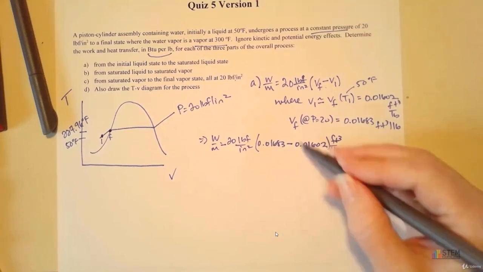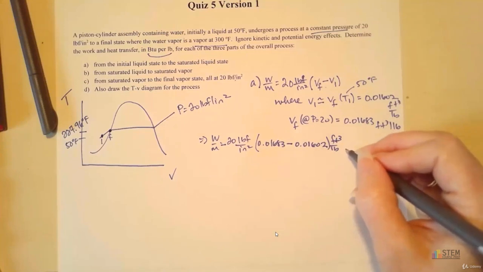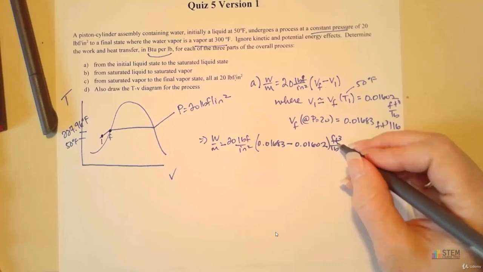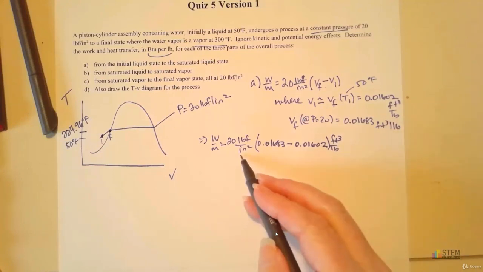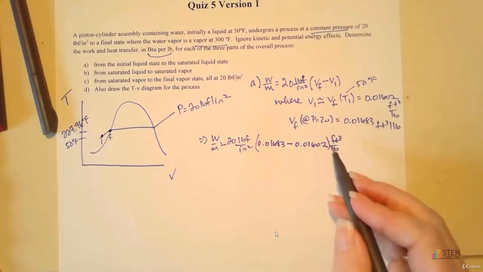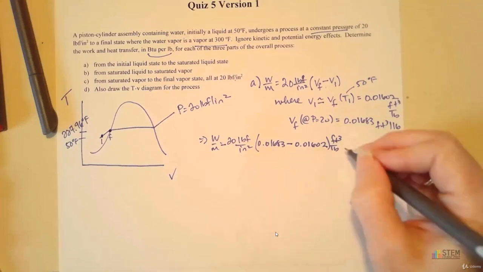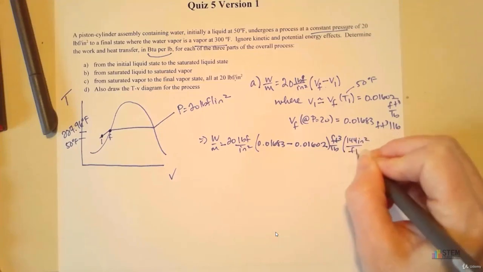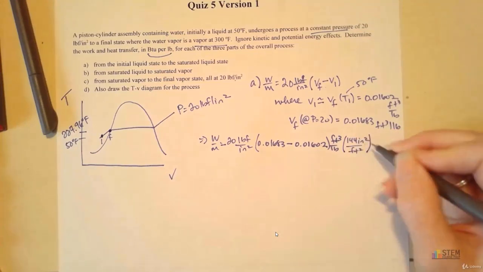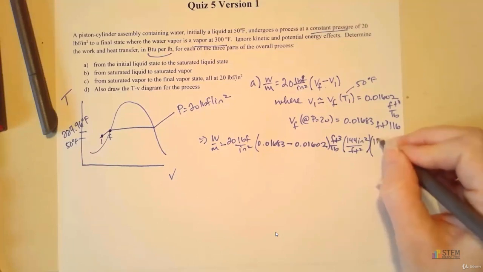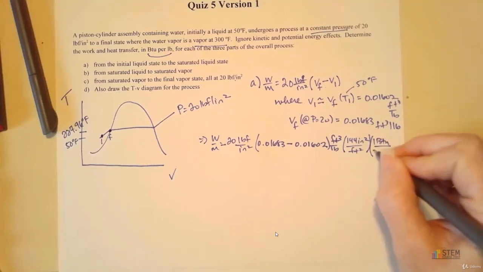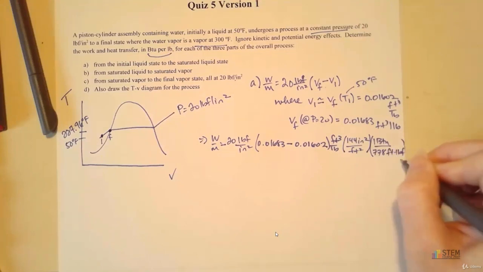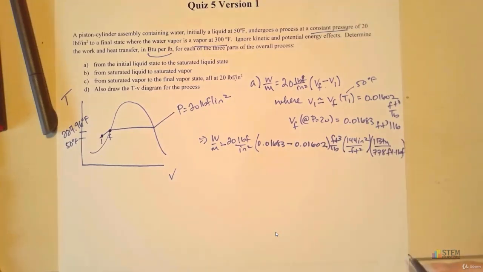We don't have BTU anywhere in here, so we need to work towards getting that. We also have this inches squared over here. We need to get rid of that. Notice this is cubic feet. So typically you don't want to have inches in here, you want to convert over, so we'll use 144 inches squared per foot squared. And then to get to BTU, we're going to have 1 BTU per 778 foot-pound force. And that's your last conversion there.